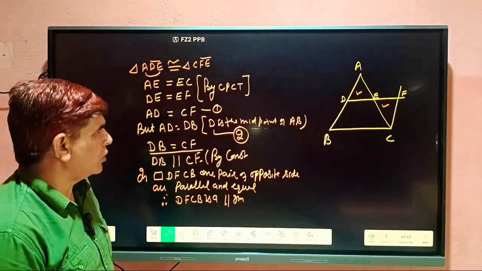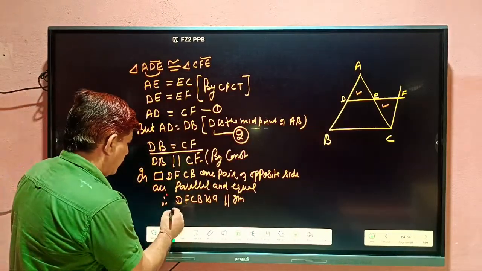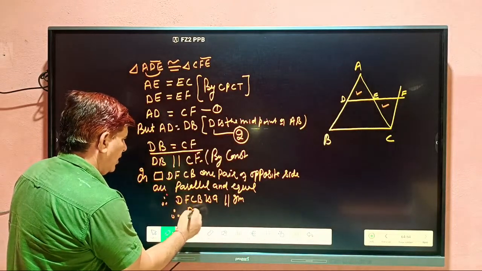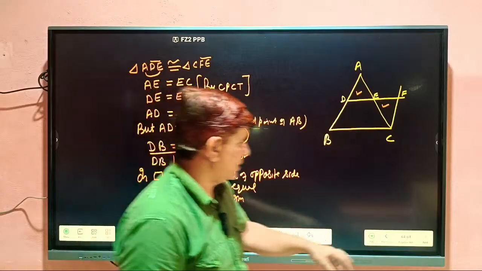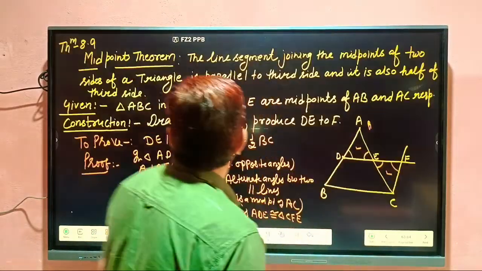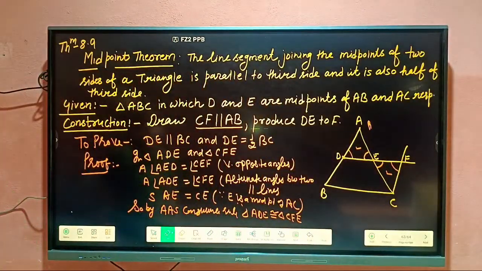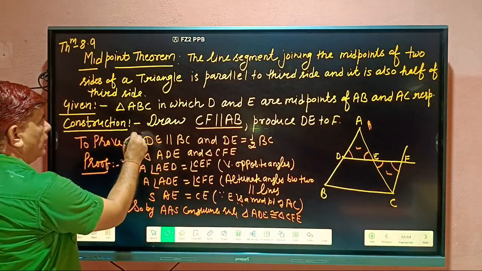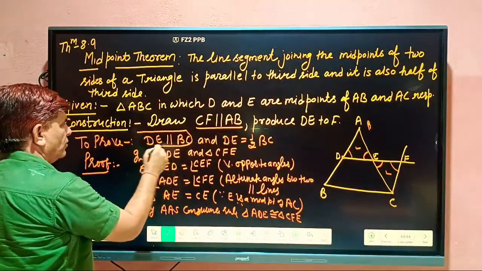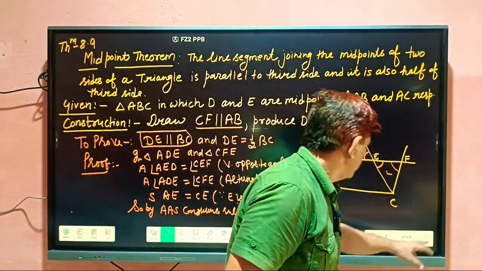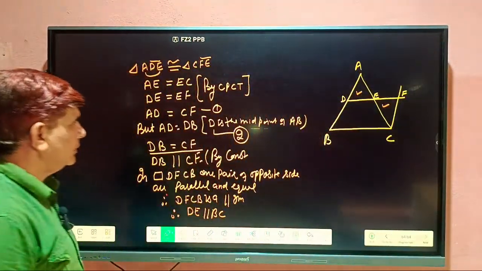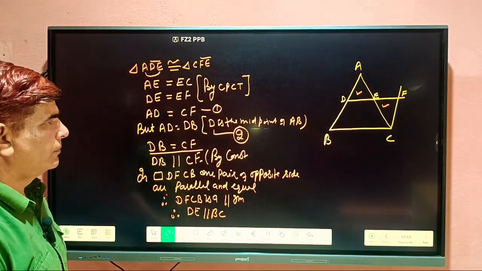If it is a parallelogram, therefore DE is parallel to BC. One part is this: DE is parallel to BC. Second part is what?